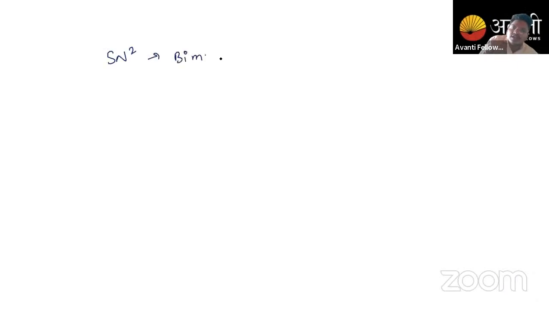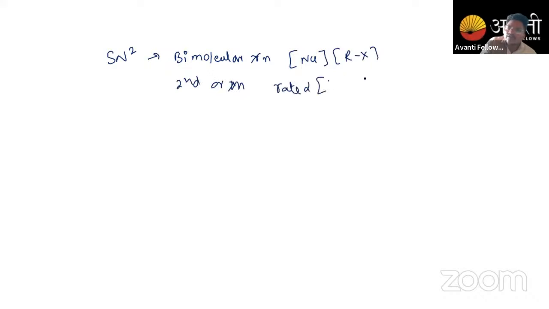Why? Because it depends upon the nucleophile and the alkyl halide, and it is a second order reaction. The rate is directly proportional to the nucleophile and the alkyl halide. And the third point: it forms a transition state, which is highly unstable.